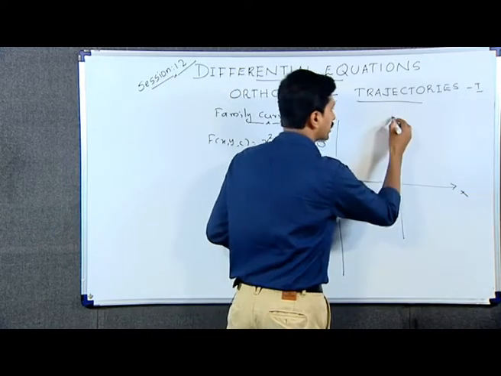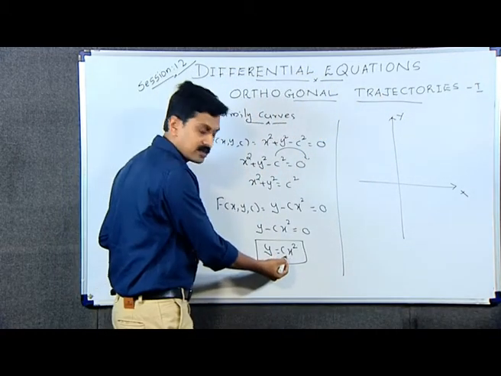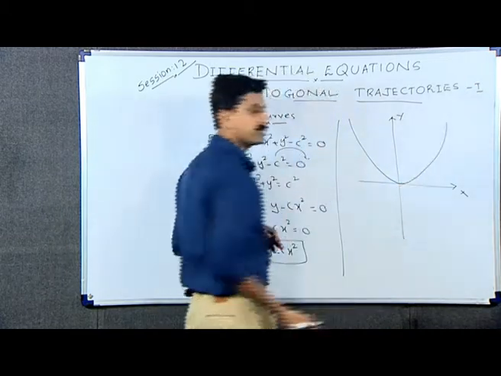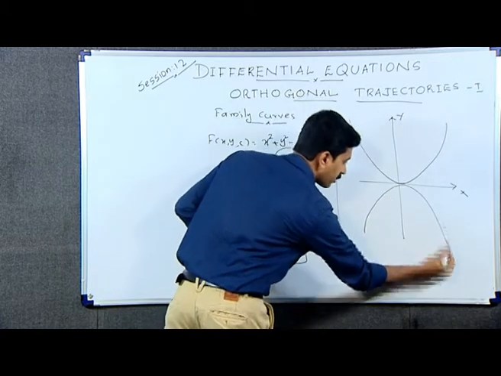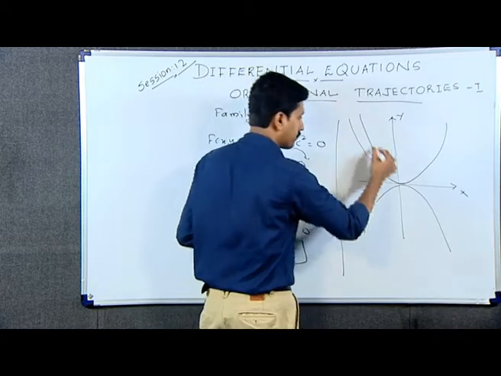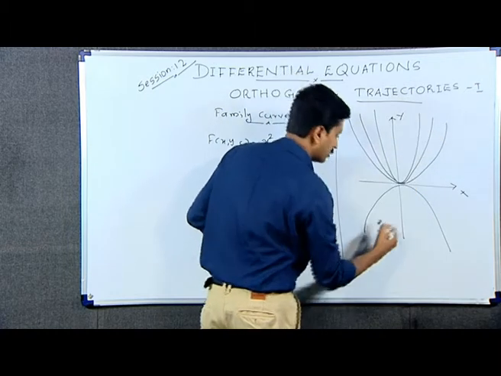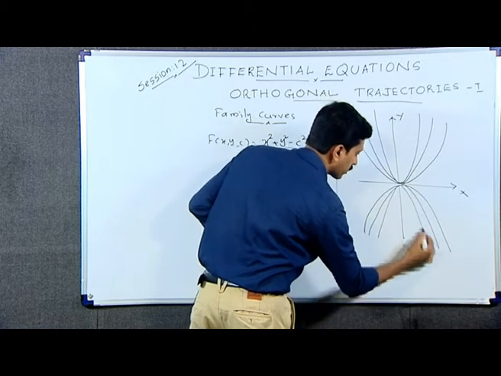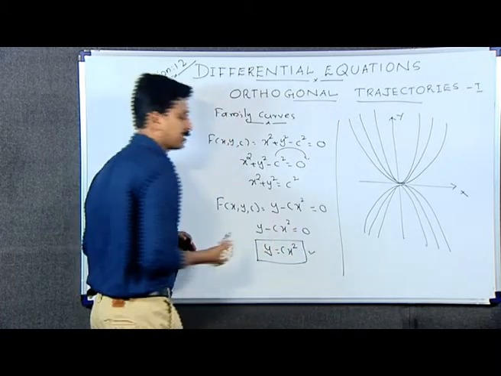Taking this as the x axis and this as the y axis, depending on the value of c, y equal to x square will be a parabola like this, and if c is negative we will have a parabola like this. We have many parabolas, a collection of parabolas, a system of a family of curves. So this is y equal to c x square.